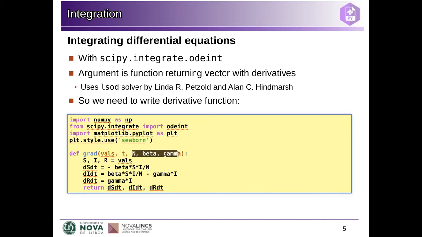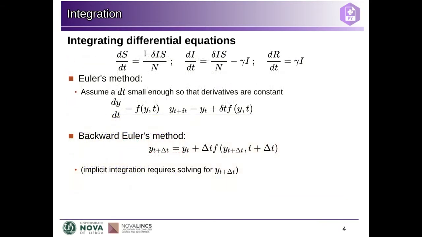Everything else, we can have whatever we want, because then we can give that to int just to pass to the function. So in this case, we need the total population size and the 2 parameters of our model, beta and gamma. So these are the probability of becoming infected and the probability of recovering at each time unit.